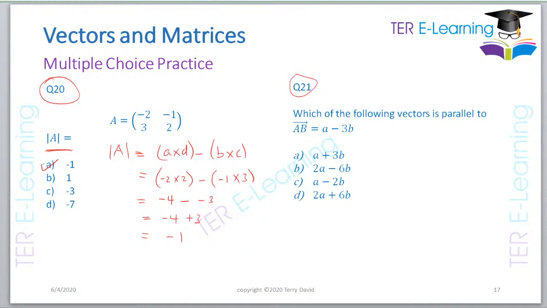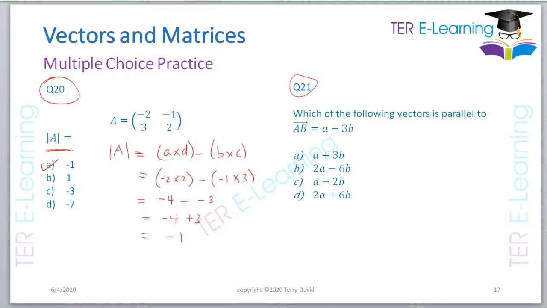Aaron is saying B, Del is saying B. Emily's also saying B.